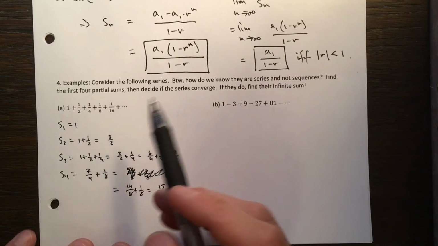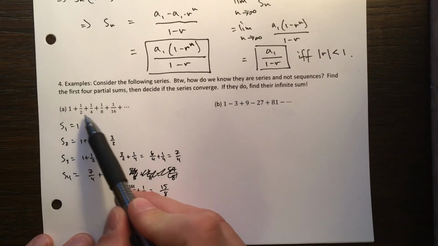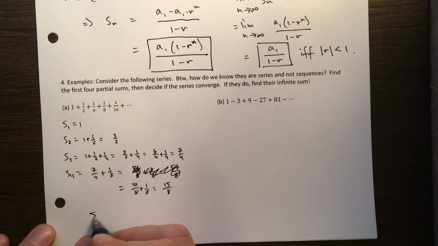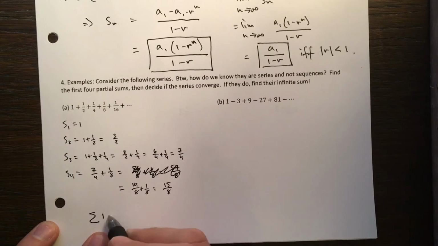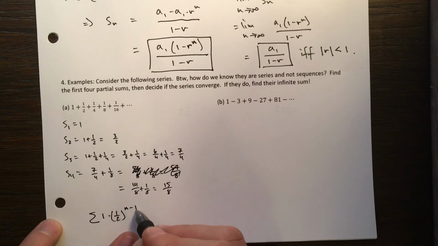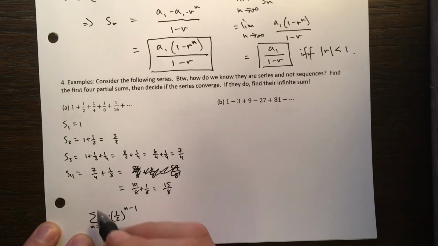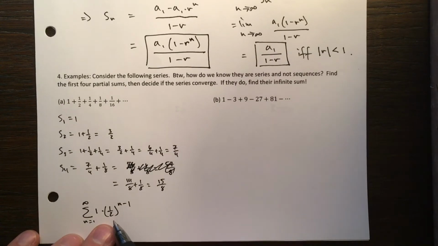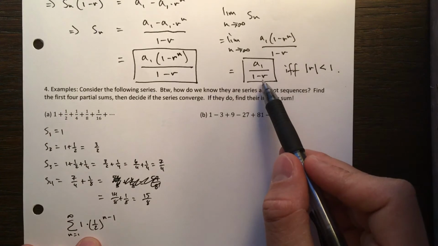So the constant ratio, what we are multiplying by each time, is 1/2. So this looks like the sum of a sub 1, which is 1, times 1/2 to the n minus 1, from n equals 1 to infinity if it kept going. So in fact, my constant ratio is less than 1, and therefore it should converge to this.